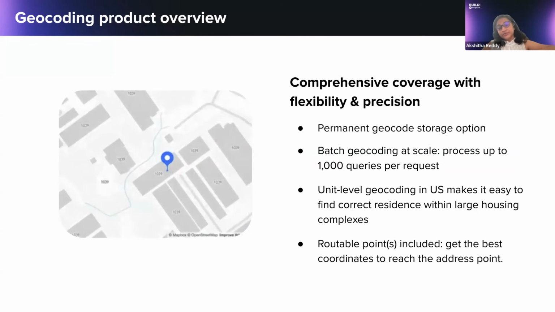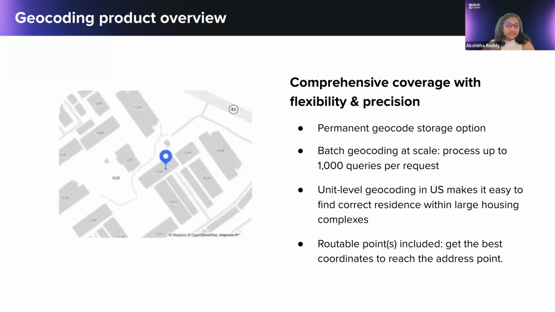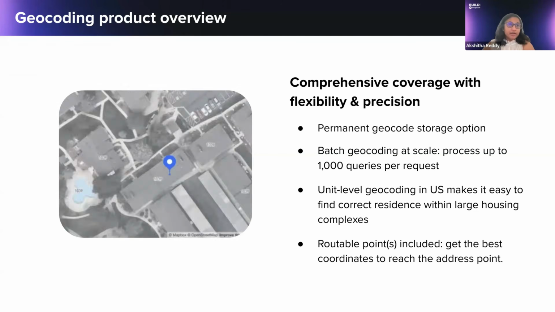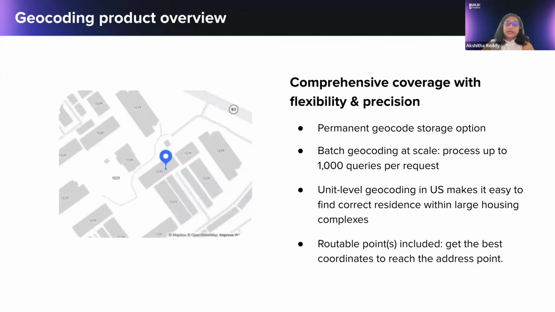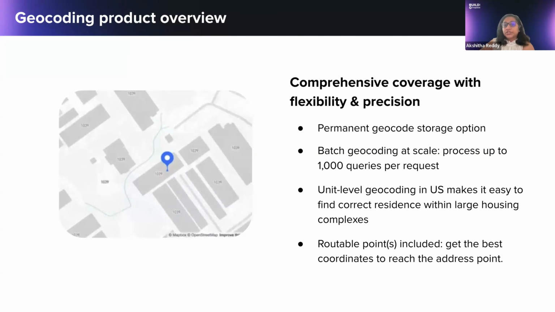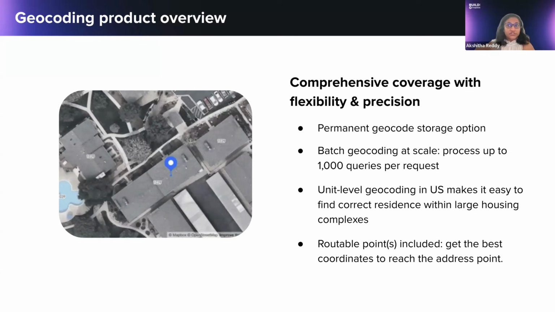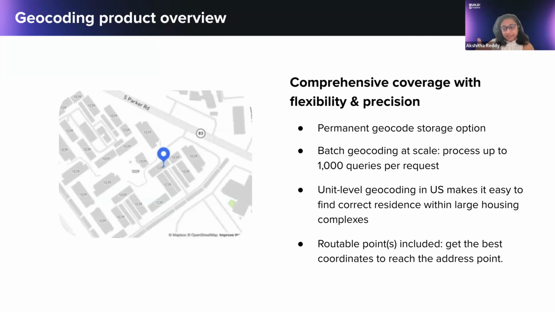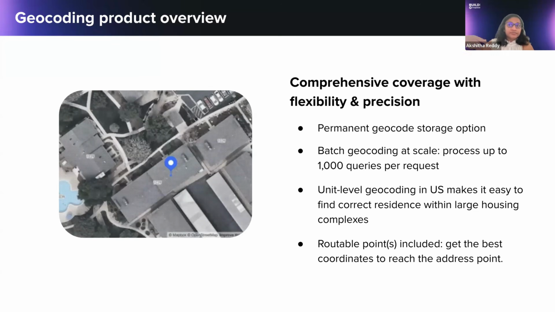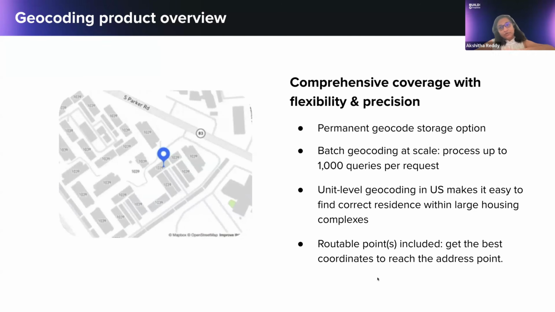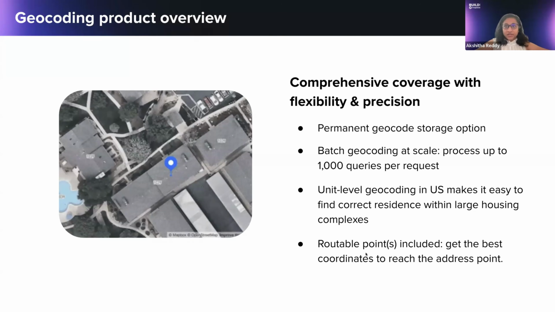Knowing the unit itself when you're searching gives you the right location very close to the unit, so that you don't have to drive around or search around those big complexes, but rather it gives you a precise location.